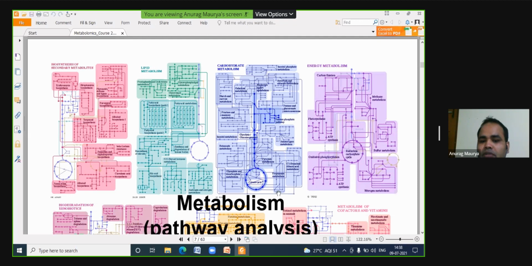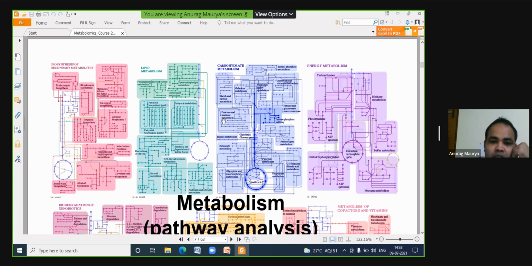That means there are many enzymes which are working in collaboration to decide the overall profile of the metabolites. Similarly, you are seeing this is energy metabolism, this is lipid metabolism. It is showing how different kinds of lipids are being formed here, and of course they all work in a regulated manner.